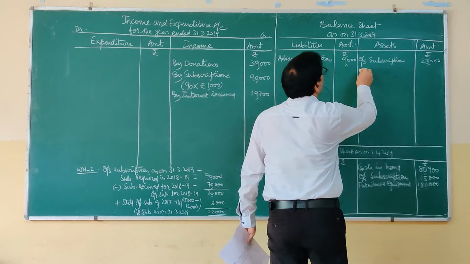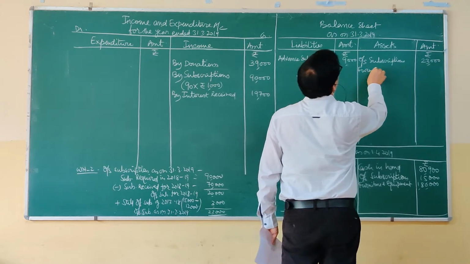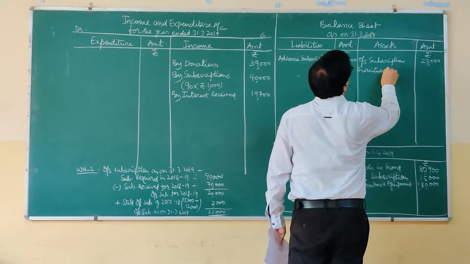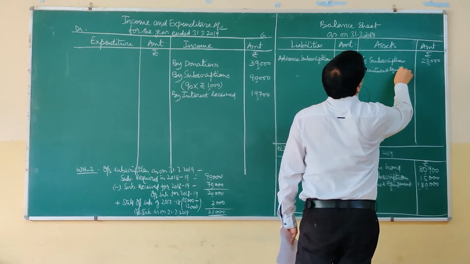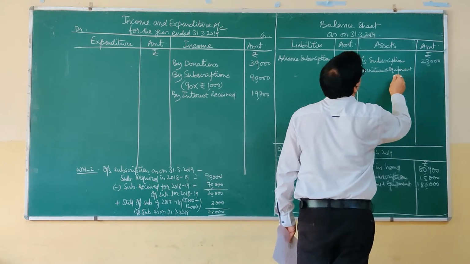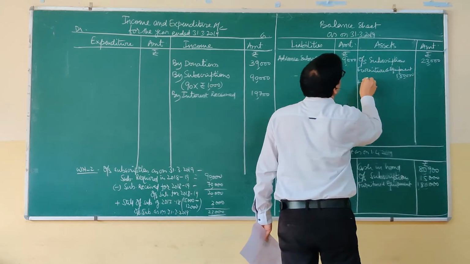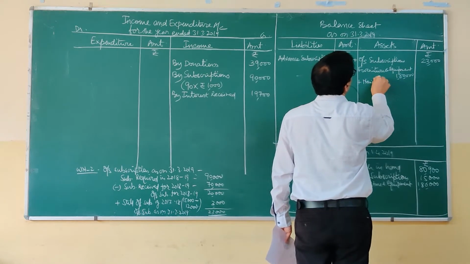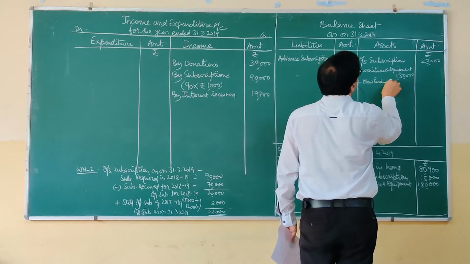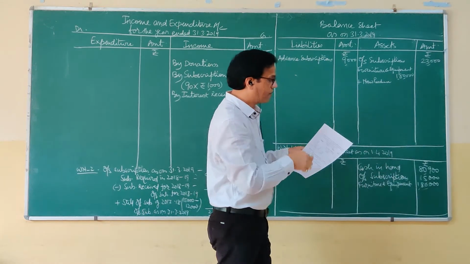Now we'll take it here also because it is our asset, so it's continuing with us. No part of it has been sold. So 180,000 from the previous year plus new purchase, which is given in the receipts and payments account, 1 lakh rupees.